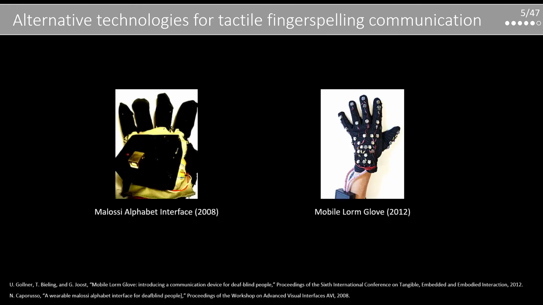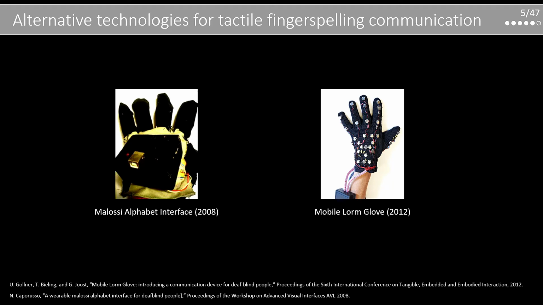This idea of developing such devices is not new. It was done 12 years ago by Caporusso with the Merci alphabet interface. Basically, it's a glove with several ERM motors, vibrator motors.